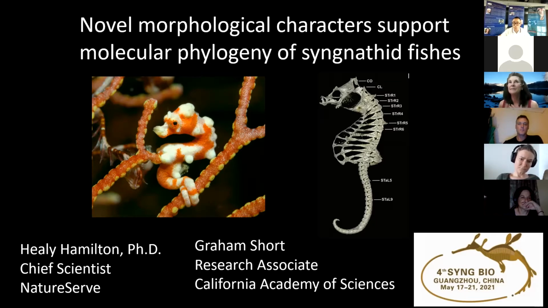That phylogenetic hypothesis of syngnathid evolution remains the most comprehensive published phylogeny that we have to date for syngnathids. But we're going to try to examine it in some new ways, based on research that Graham has been leading into identification of novel morphological characters. So we will share this time slot about half each.